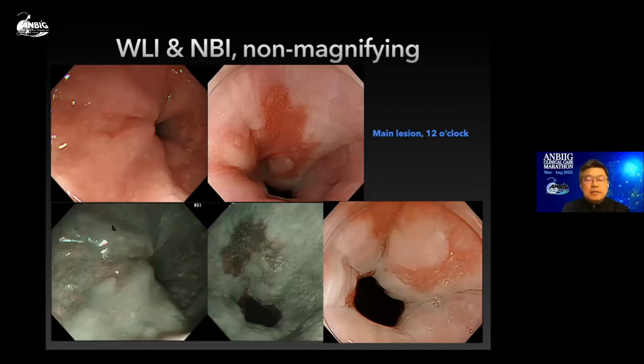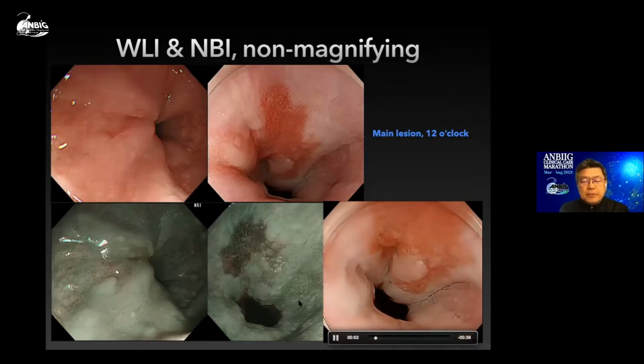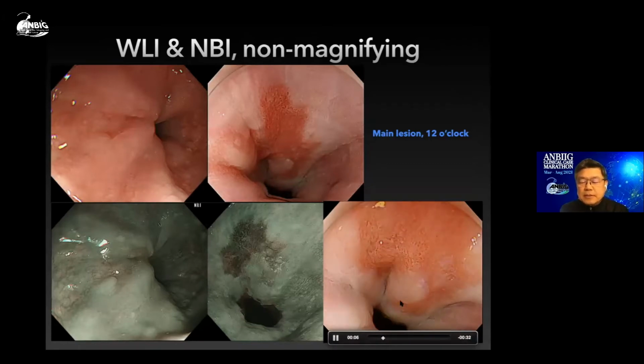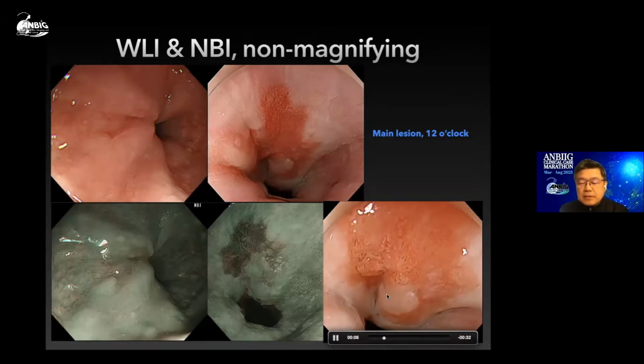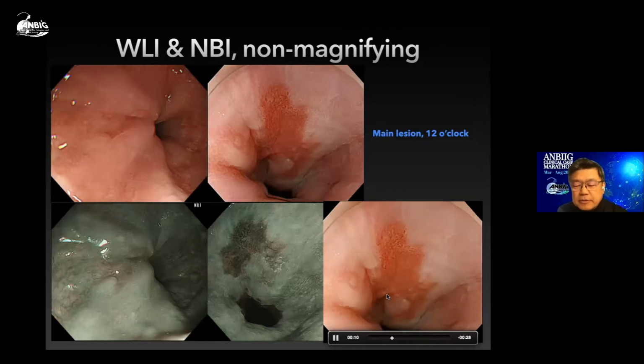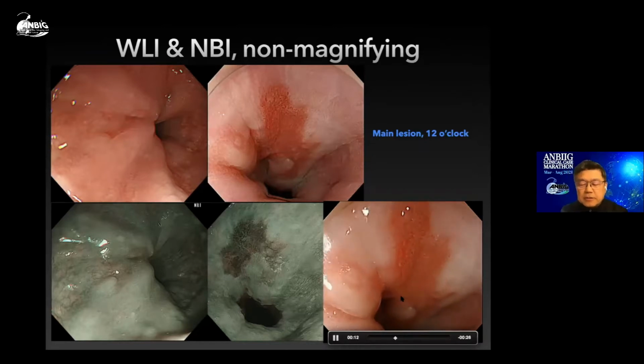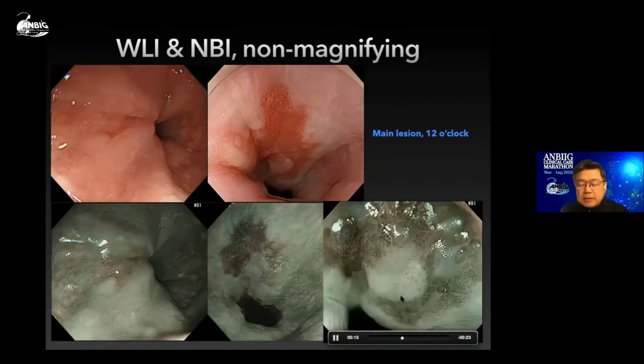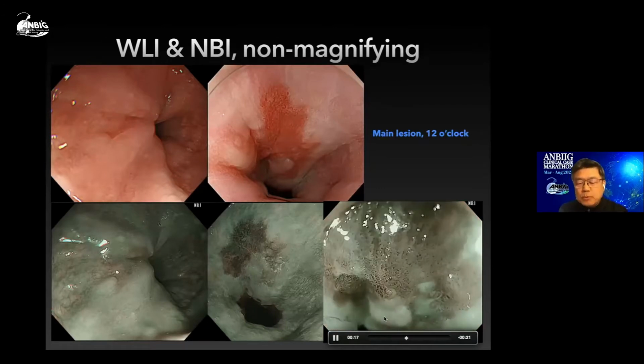This is the endoscopy finding of our institute. You can see the video and the spot pictures. This discolored lesion is located in the distal esophagus, with skipped normal esophageal wall.